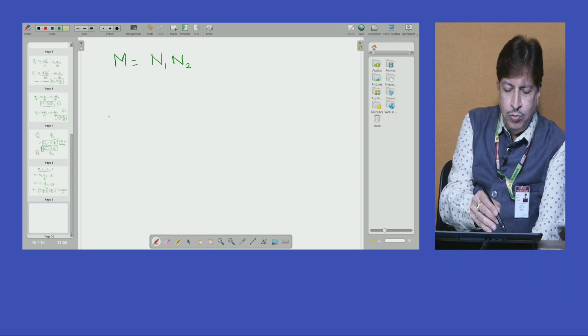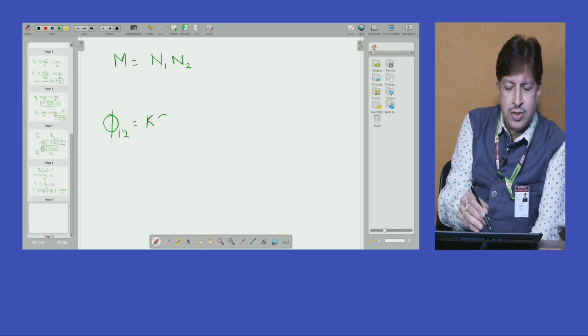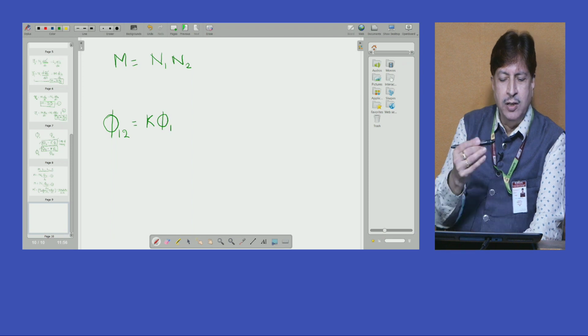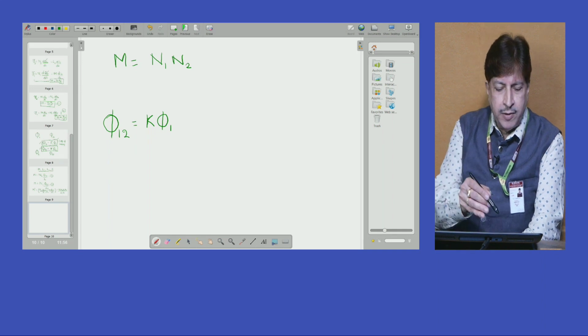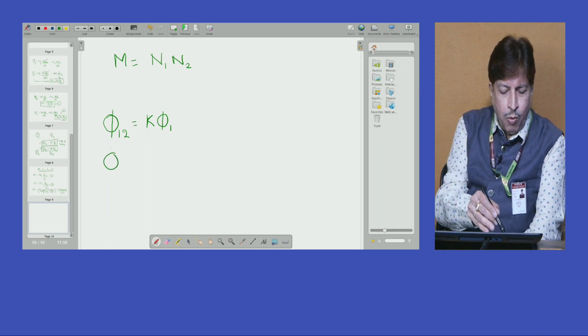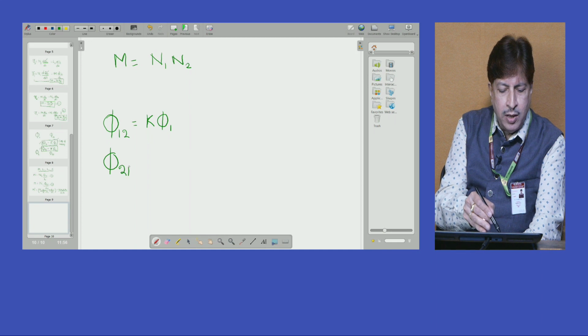What is phi 12? It is K times phi 1, a part of the main flux linking the other coil, in terms of K. Similarly, what is phi 21? It is K times phi 2.